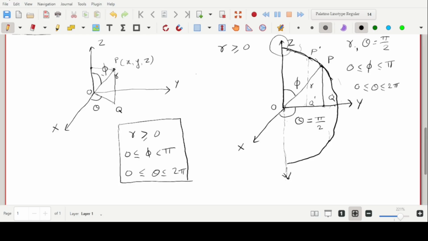Let this be, say, T. Then this OT is the Z coordinate. But what is this OT in terms of phi? This OPT is a right angle triangle, and cos of phi is OT divided by the hypotenuse of this right angle triangle, which is OP.